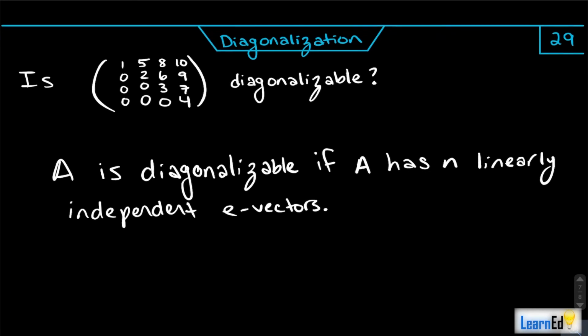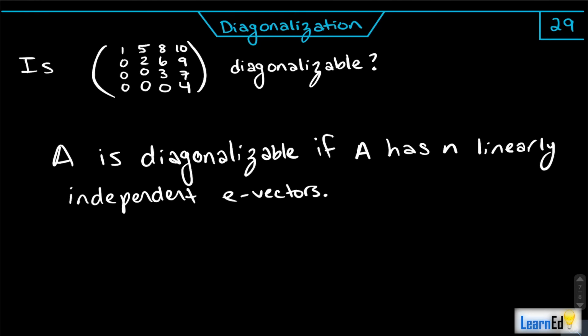Now, in our case, we have our eigenvalues sticking right out here on the diagonal. We have an upper triangular matrix, and what that means is that our eigenvalues are right on the diagonal. Since we have that, we know that we have linearly independent eigenvectors.